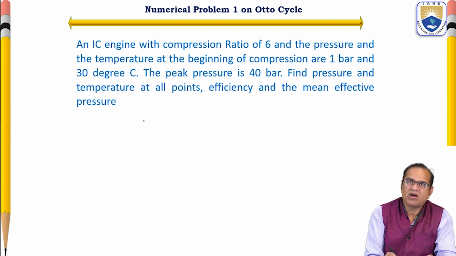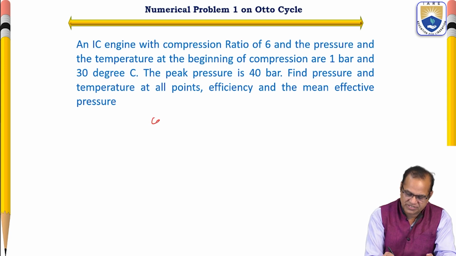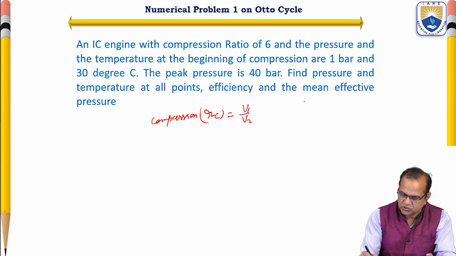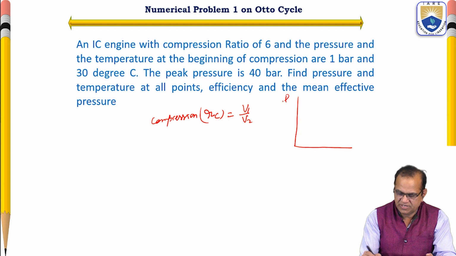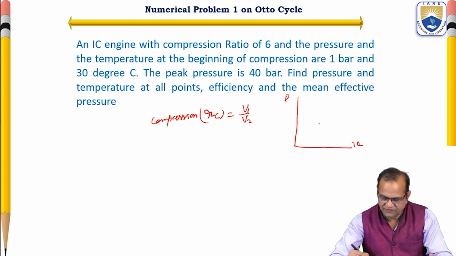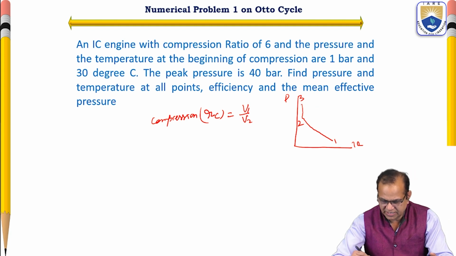So in this problem, an IC engine with compression ratio. What is the compression ratio? We normally write rc, and rc is equal to V1 by V2. If I take a plot of the PV diagram, P and V, and this is the Otto cycle, this is point 1, this is point 2, constant volume heat addition, and then like this.